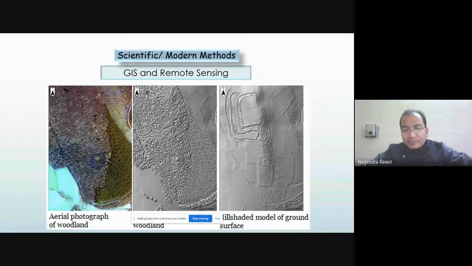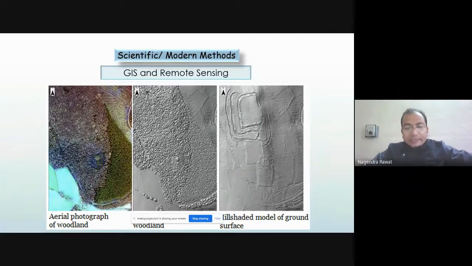In the third image you can see some unnatural features, which I discussed in the first and second slide. If you are seeing unnatural features on the ground, then you must think that it could be an archaeological site, or some settlement was there. Okay, so this is the importance of remote sensing in archaeological exploration.